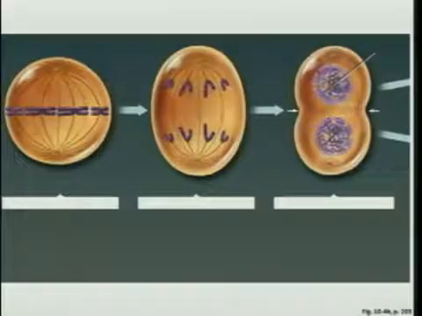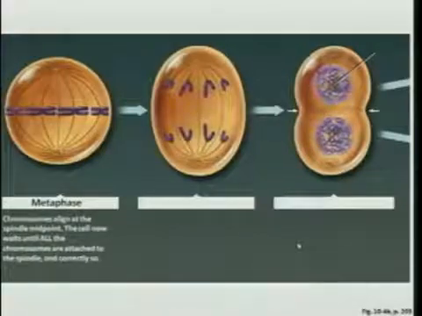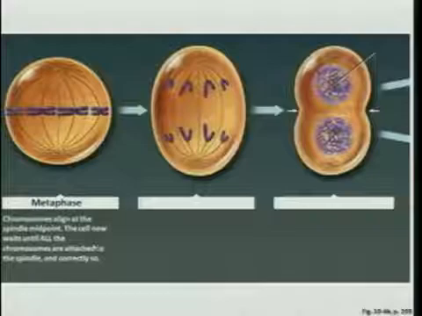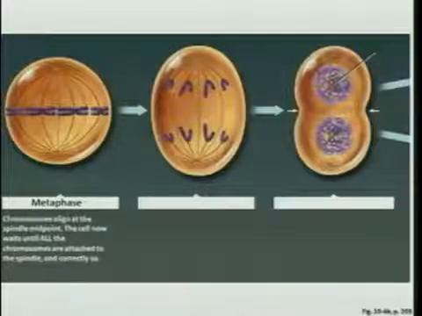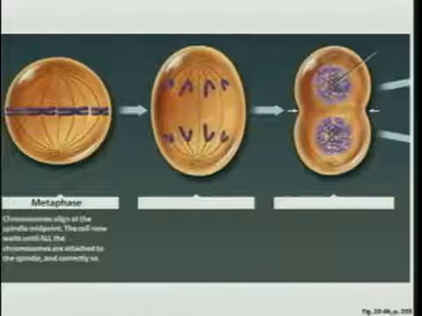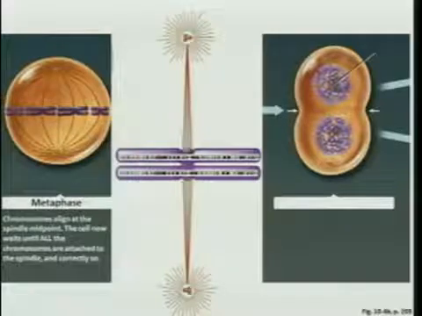Okay, let me walk you through the schematic version thereof. Folks, we now enter metaphase. Chromosomes have aligned at the spindle midpoint, and the cell now, and this is actually truly wonderful, you can actually show experimentally that this is true. The cell will now wait until all the chromosomes are attached to the spindle, and correctly so. What does that mean? Remember, the goal of this process is to give the daughters identical genetic dowry.